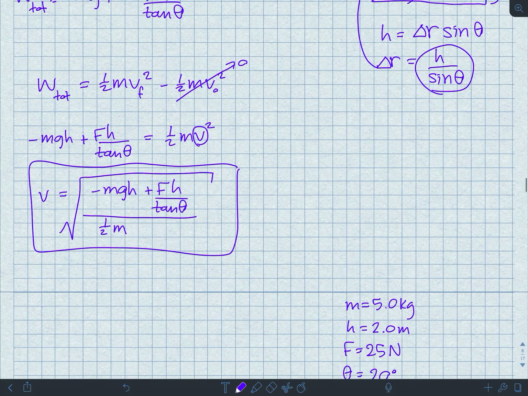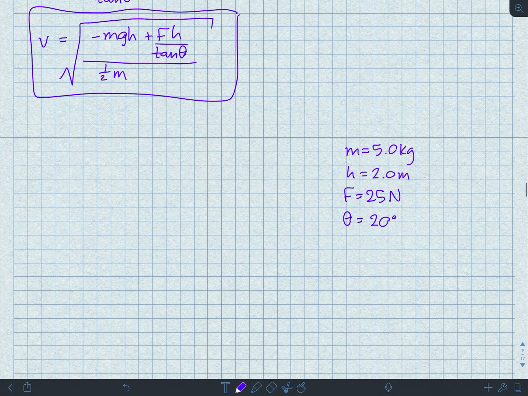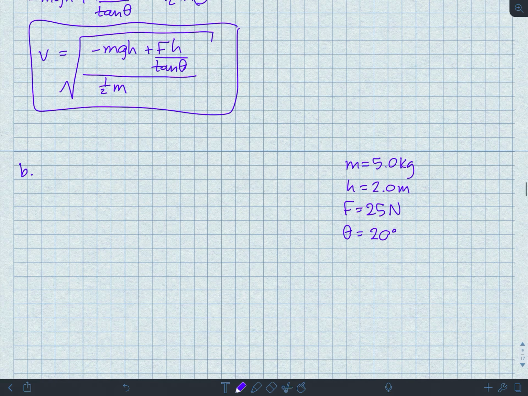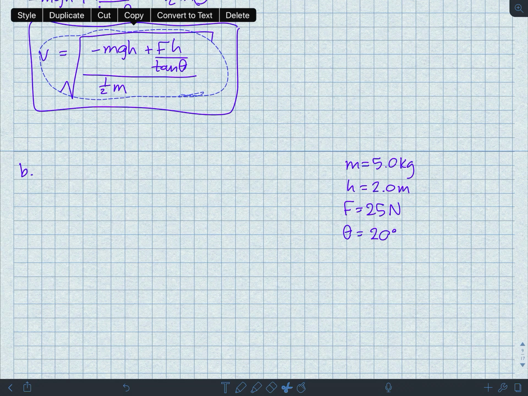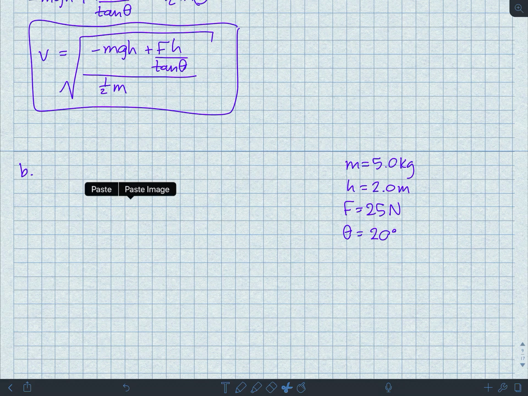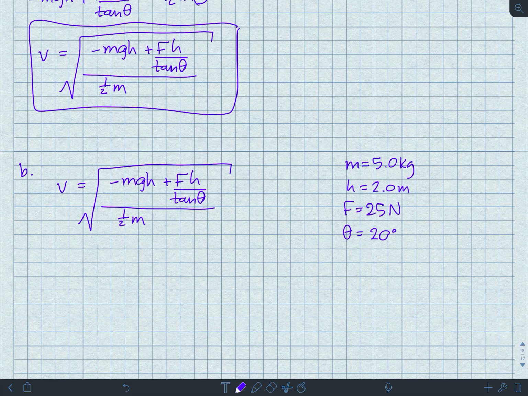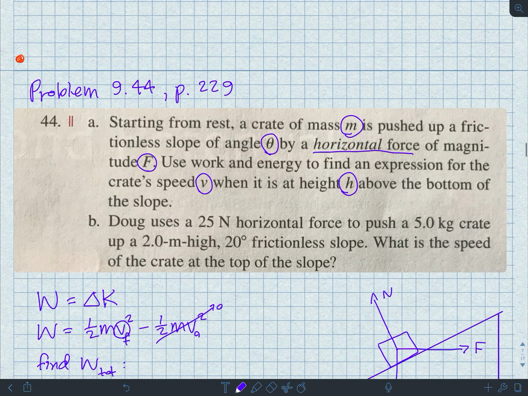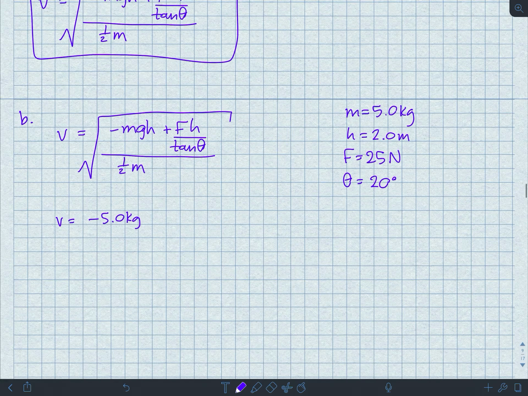Now let's plug all those things in and see what we get in our expression here. I'm going to start with my expression, always recopy it, and then plug into it. Wait, is that 5? I just want to make sure I have the right numbers. Yes, good.